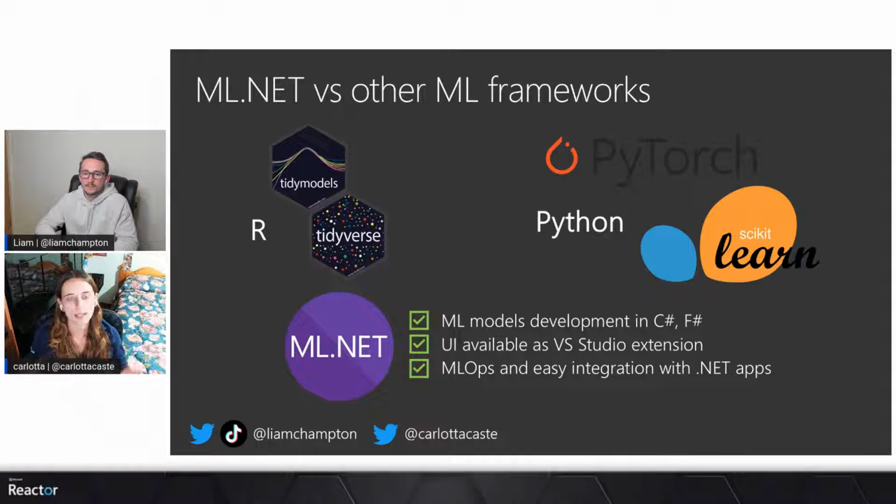And these MLOps activities, which ML.NET automates, are, for example, model maintenance, so the retraining of the model, and the integration of the model into a client application, like a web application. So these are really the different points of the ML.NET framework with respect to other machine learning frameworks available for R or for Python.